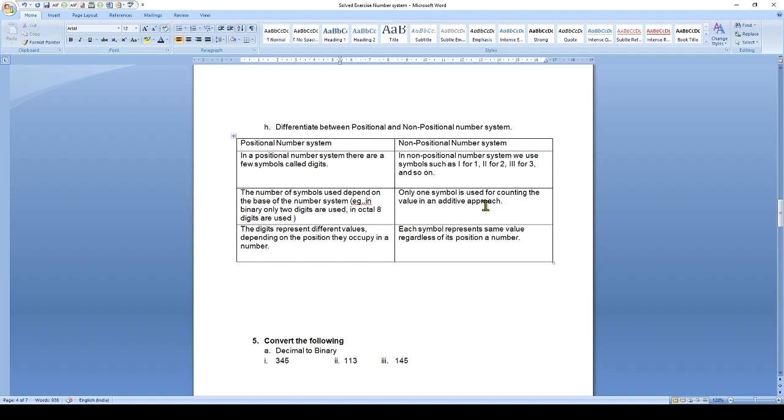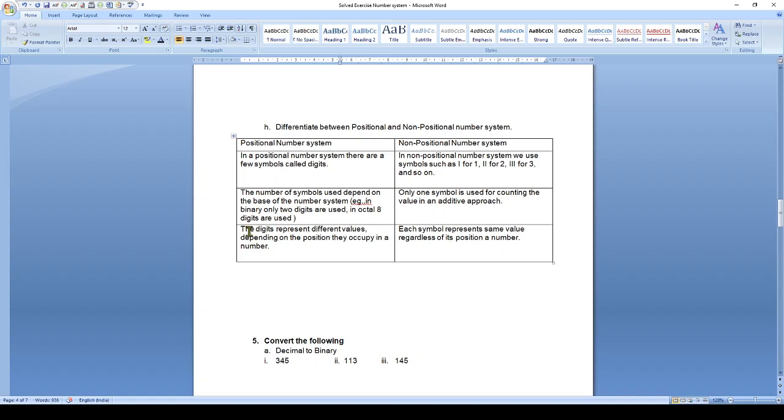If you want to represent 50 by pebbles, you accumulate 50 pebbles and count 50, so that the representation is 50. So only one symbol is used and the approach is additive. Each symbol has a value of 1.